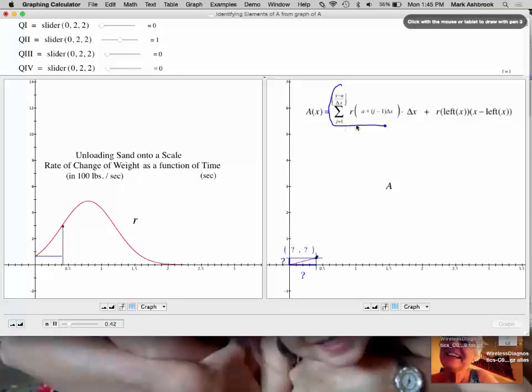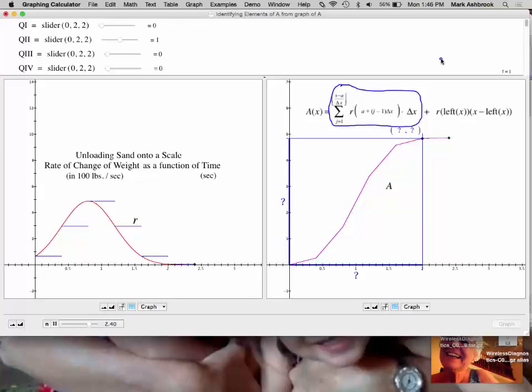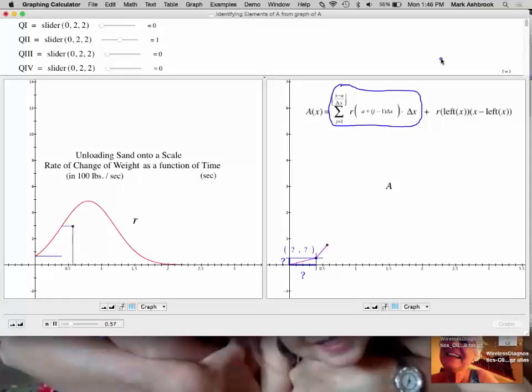It's the whole thing. This right here is the y-coordinate of this point that we're highlighting. It's the total weight of sand accumulated from the completed intervals. So it's summing them all. It's summing up all the individual amounts of pounds of sand from each of the completed intervals, summing them all up.